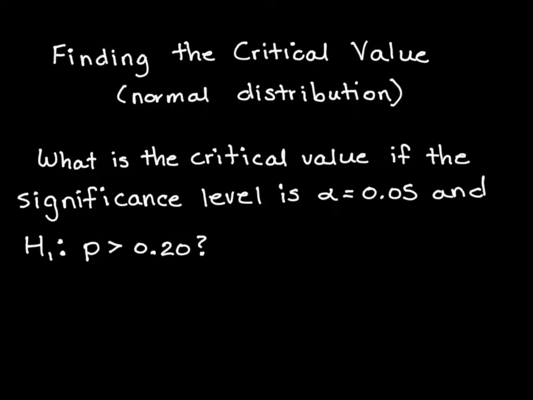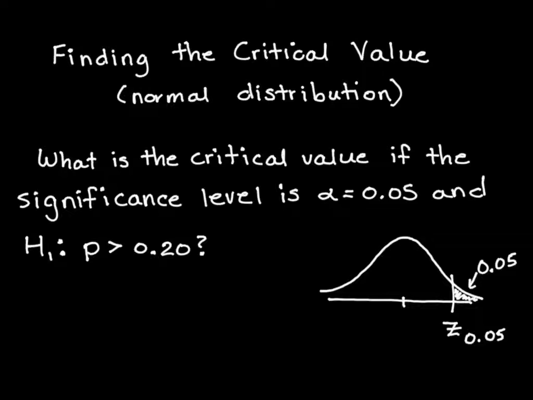So I'm going to start by drawing that normal distribution. We know that this is a right tail test, so all of the value of alpha is in the right tail, and that's 0.05. That means we need to calculate z sub 0.05. I know it's z because we're working with the normal distribution.